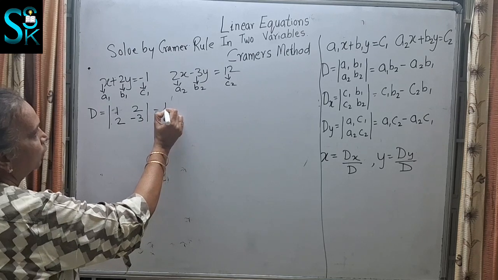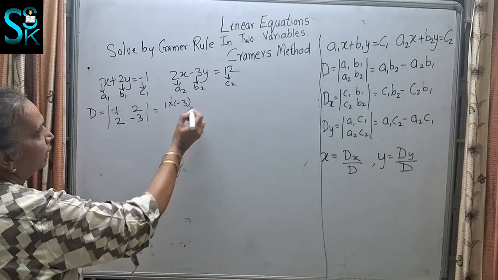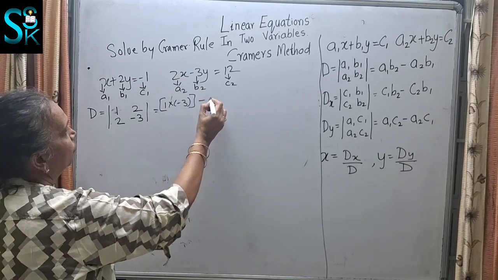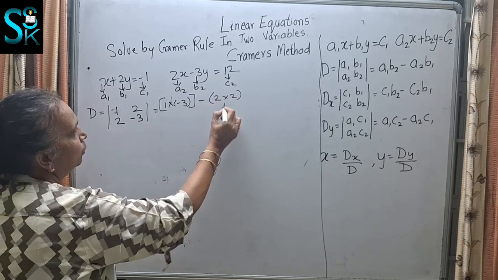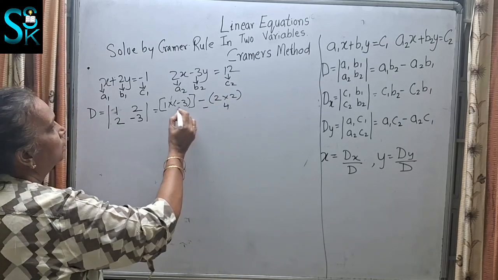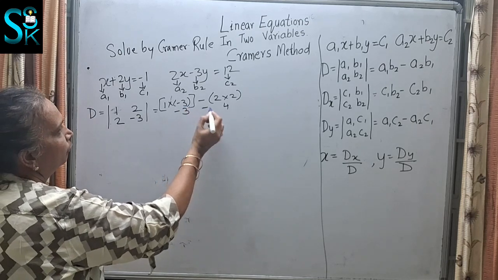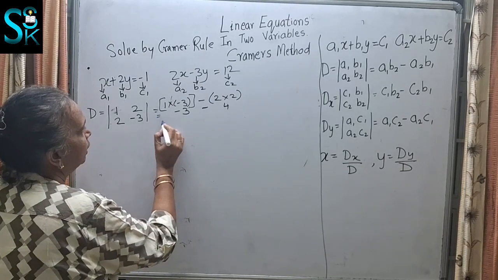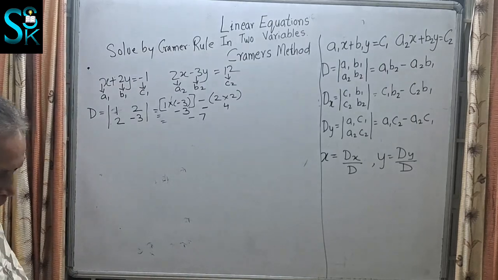And you are just solving it. 1 into minus 3, in one bracket, minus another bracket, it is 2 into 2. 2 into 2 is 4, minus, this is minus 3. Yes, so both are minus, you are going to do plus with minus sign, that is minus 7.